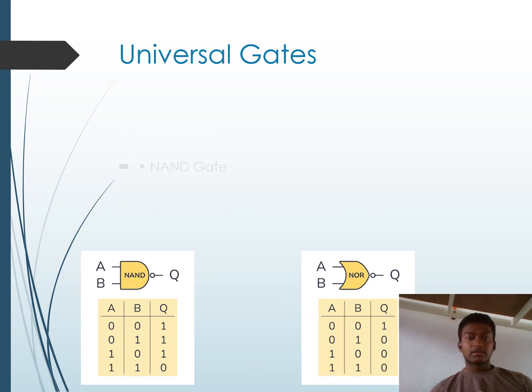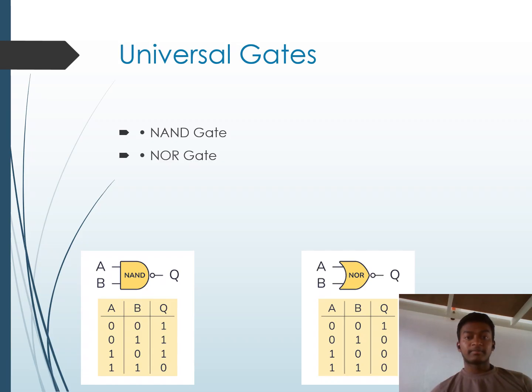Universal gates: NAND gate, NOR gate. NAND and NOR gates are called universal gates because any logic circuit can be implemented using only NAND gates or only NOR gates. This means that even if you didn't have AND or OR gates, you could still design any circuit using NANDs and NORs.